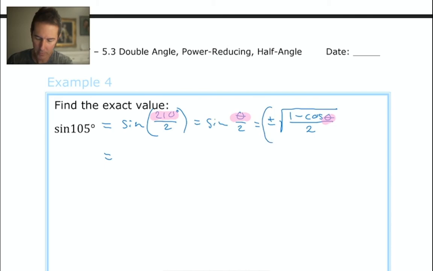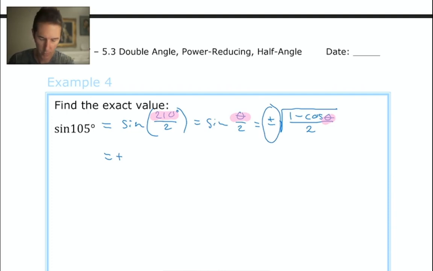That's why there's a plus or minus in front of that square root symbol. It's like a reminder that you need to make sure that you put the correct sign in front of your answer. So maybe I'll put a plus sign just to remind me as we go along that we were very intentional about choosing this to be a positive answer.